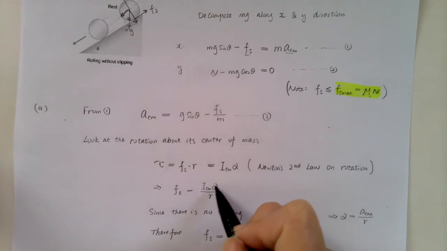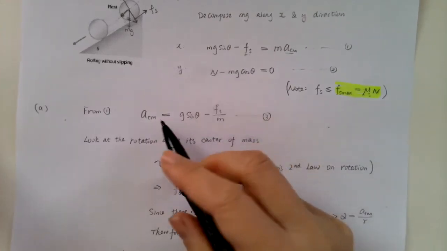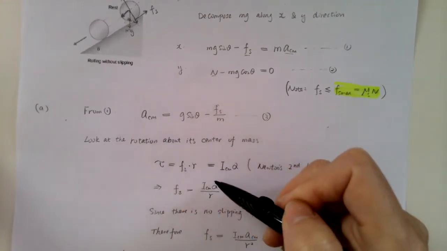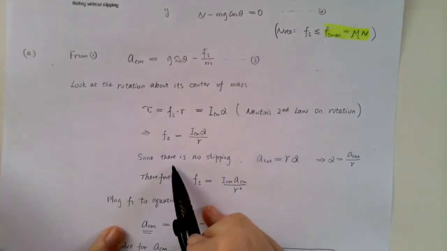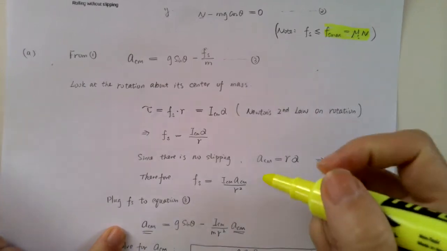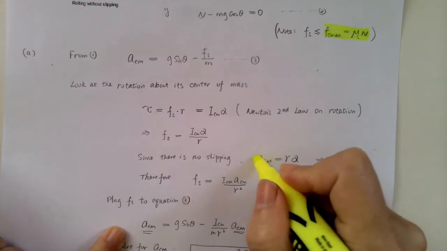And then, if we plug this into the expression here, we still have ACM here and we have alpha. Can we relate those two? That's the key to solve this problem. Since there is no slipping here, there is a relation between the linear acceleration and the angular acceleration.